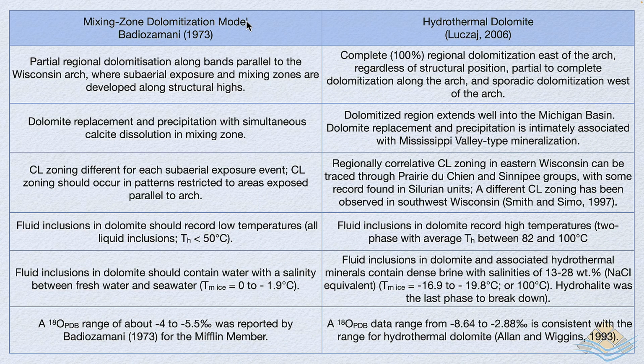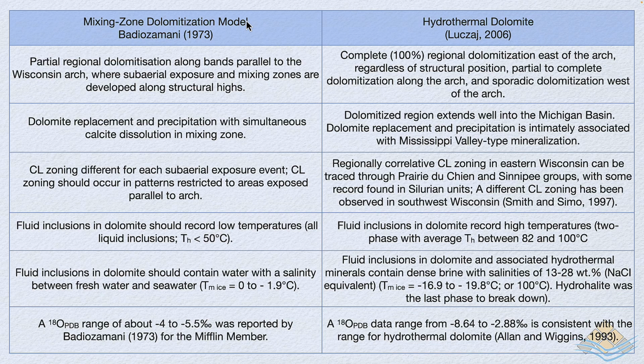If we compare and contrast the mixing zone dolomitisation of Badiozamani for the Wisconsin Arch with the hydrothermal dolomite characteristics of the Wisconsin Arch, Badiozamani noted that there was a regional distribution along bands that paralleled the Wisconsin Arch where we had subaerial exposure, and he argued mixing zones would develop along structural highs.